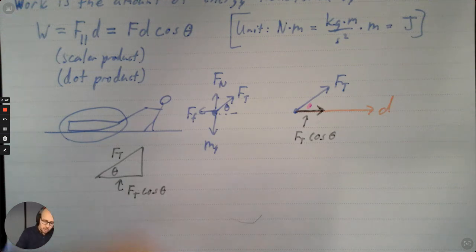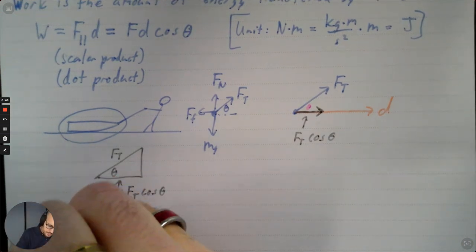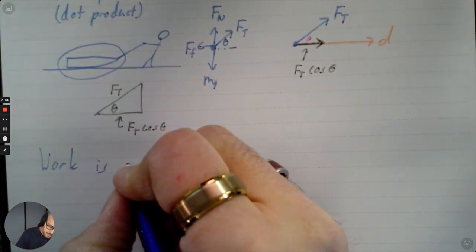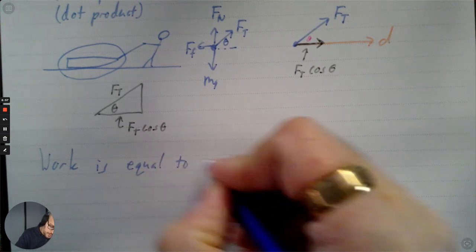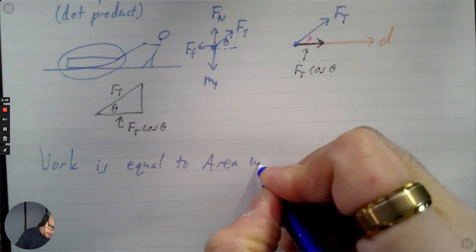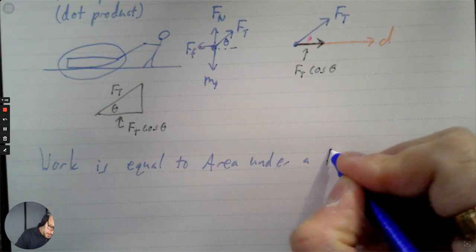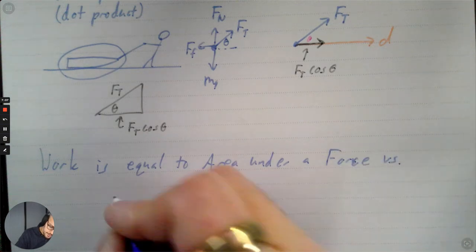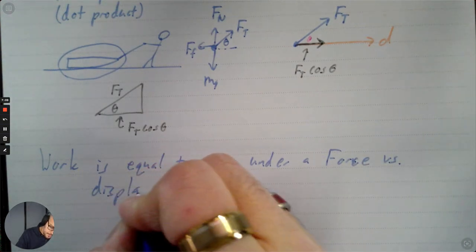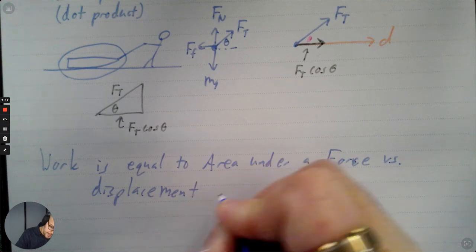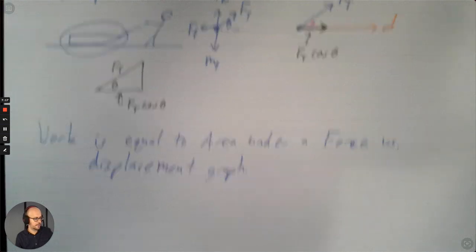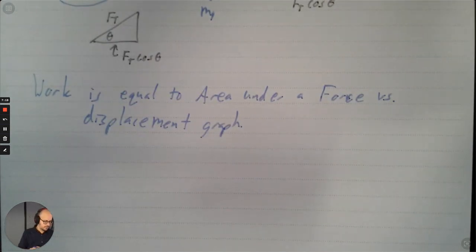So work is also defined as being equal to the area under a force versus displacement graph. And that is more just a fact for you to store away for later that we will use a few times.